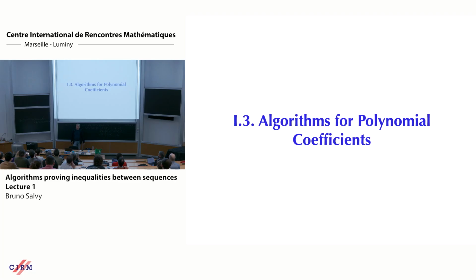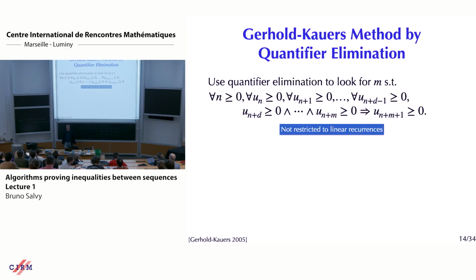Okay, so what about polynomial coefficients? What do we know? There's a nice algorithm a few years ago by Gerold and Kauers using quantifier elimination. So what they do is construct this formula: for all n, if un is positive, un plus 1 is positive, and so on, you forget that the ui's are related by a recurrence.